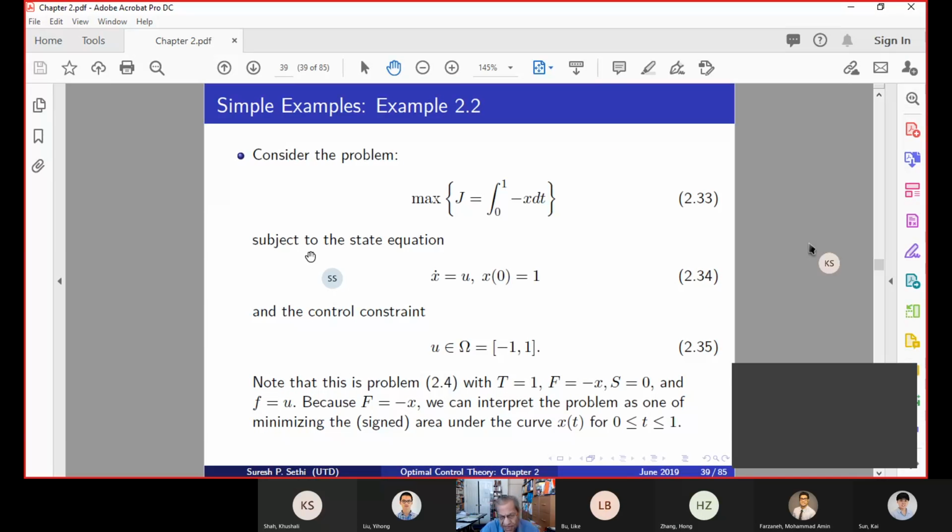Let's look at some examples now. This is about the simplest example. So what I'm going to do now is to apply this maximum principle to very simple problems. And it gives us some confidence that we can solve problems using the maximum principle.